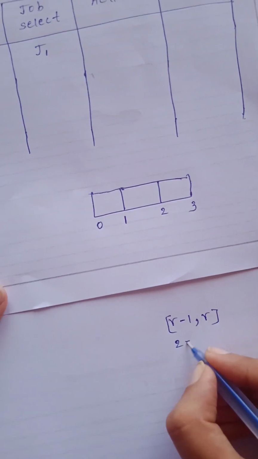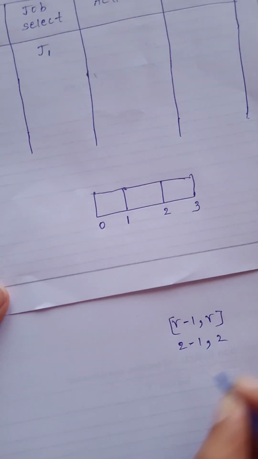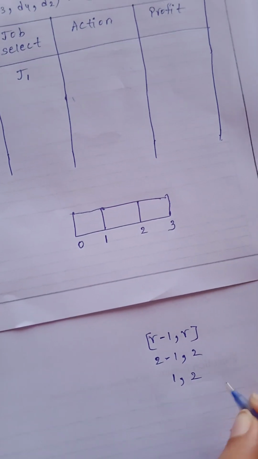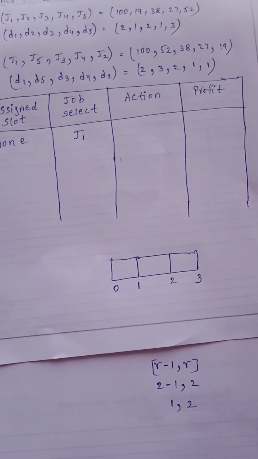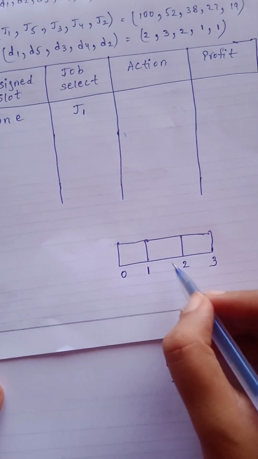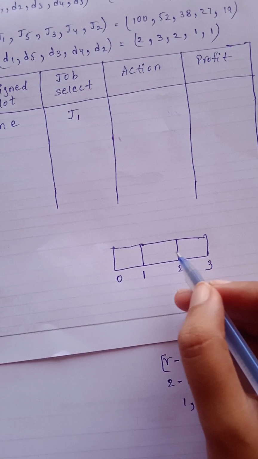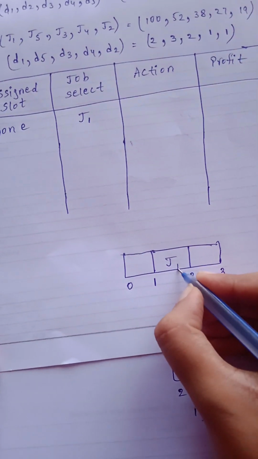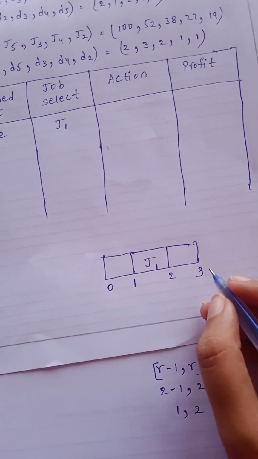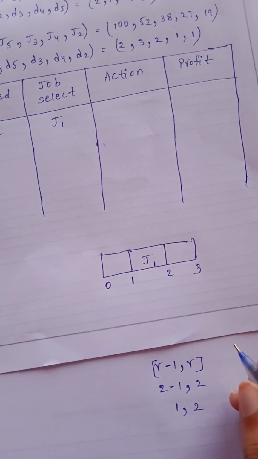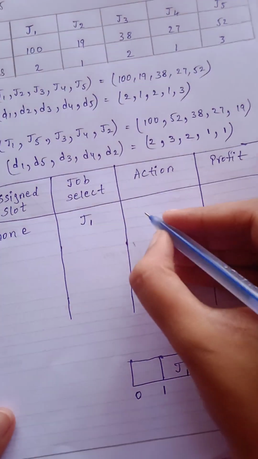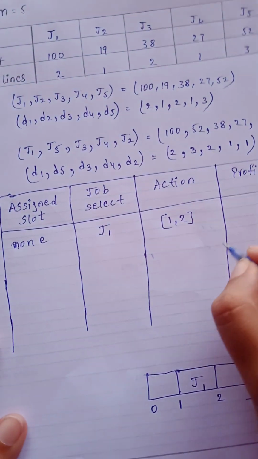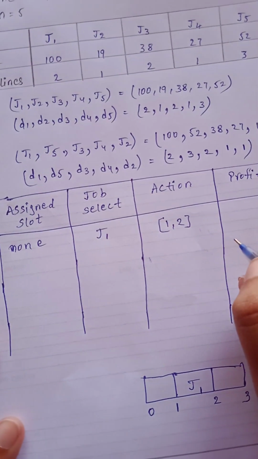So 2 minus 1 comma 2, which means 1 comma 2. Here the 1 comma 2 slot is free, so we assign J1. Then the action is 1 comma 2. The profit is 100, the profit of the first job.